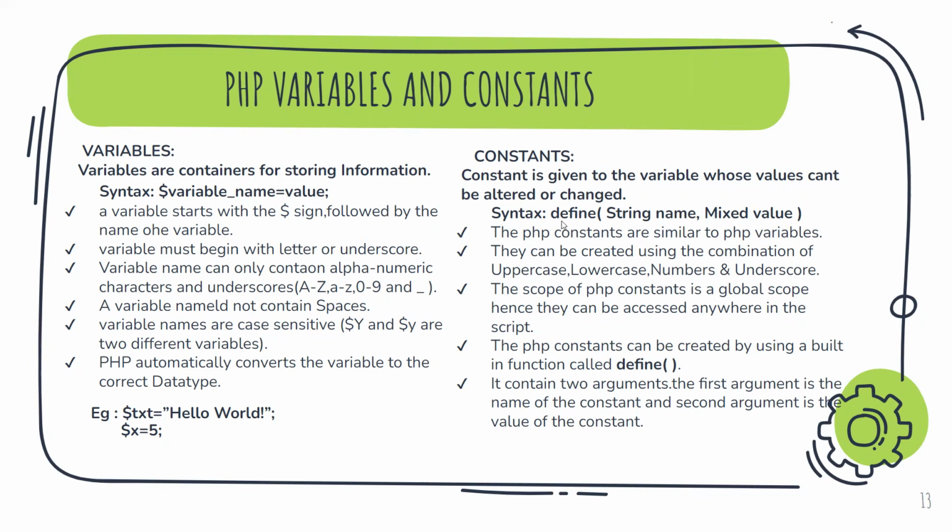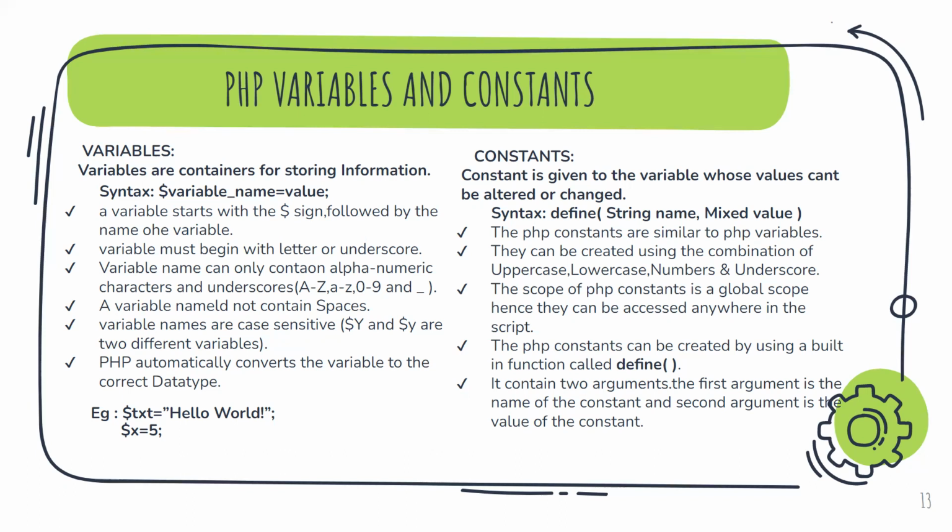In case of PHP, we don't have to mention which data type it is while declaring it. Like in case of C, we have to mention that this variable is going to contain integer information or float or decimal. But in case of PHP, we don't have to mention it at the beginning.